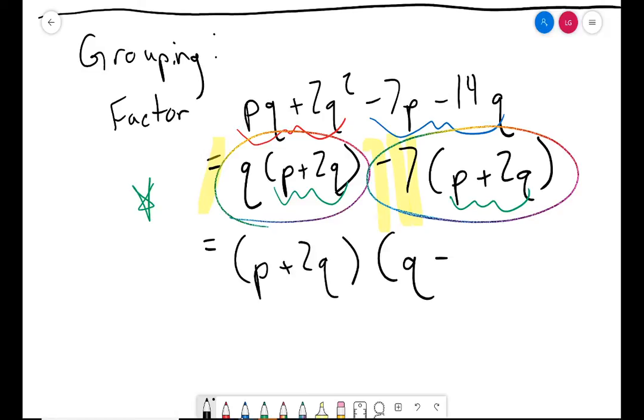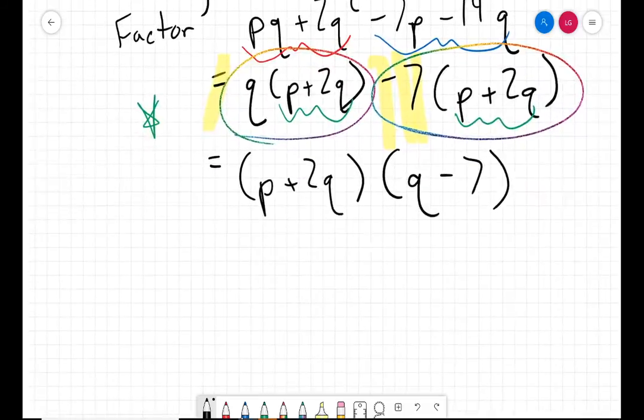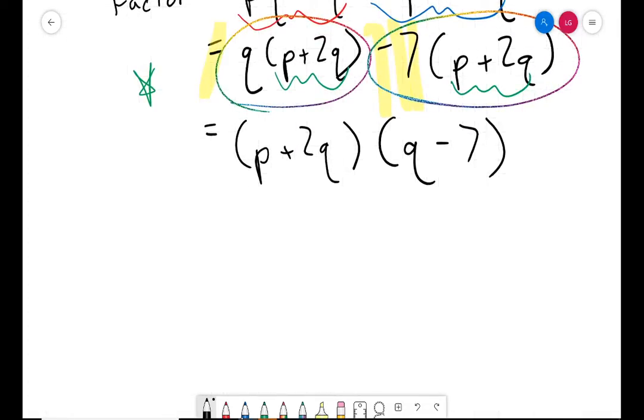And what's left is q minus 7. Okay, this is an important and difficult question, and it's one to spend some time on here. Let's do a couple more that are somewhat similar that may hopefully illustrate what's happening here.